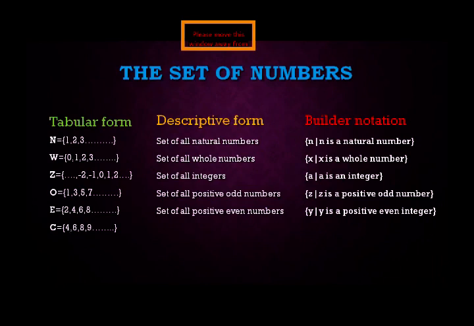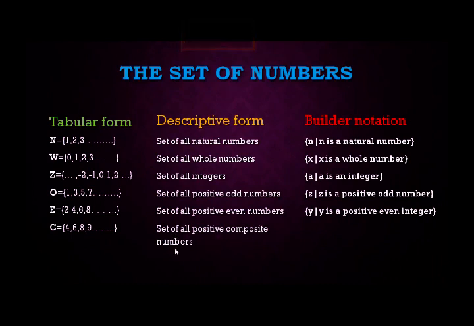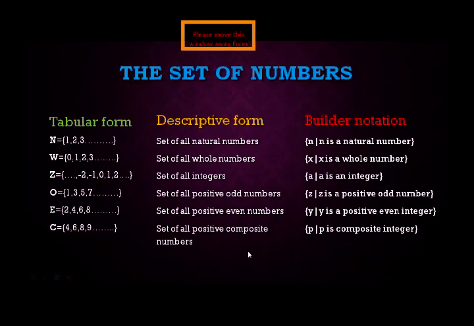So numbers with more than two multiples are known as composite numbers. So these are the set of all positive composite numbers. So {P such that P is a composite integer}. So these are the sets of numbers.